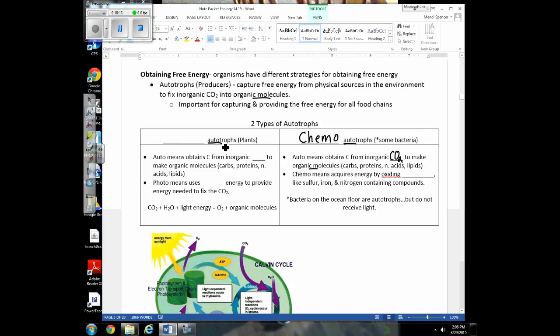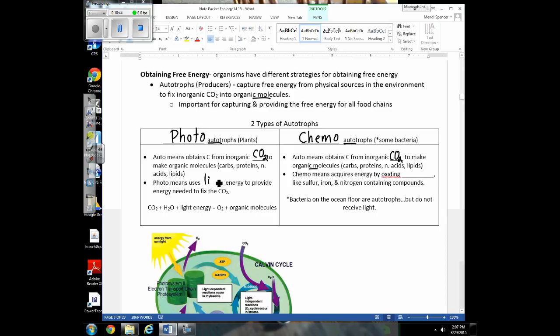So autotroph in plants, when we refer to plants, means the exact same thing, is they're getting carbon from an inorganic source, so that CO2 in the atmosphere, and they're converting it into organic molecules. Now, the first part of the word, photo or chemo, refers to where the energy comes from to actually allow these organisms to fix carbon into organic molecules.